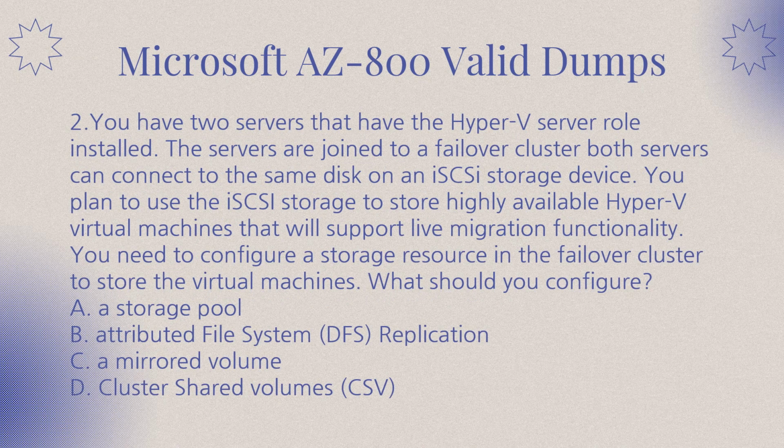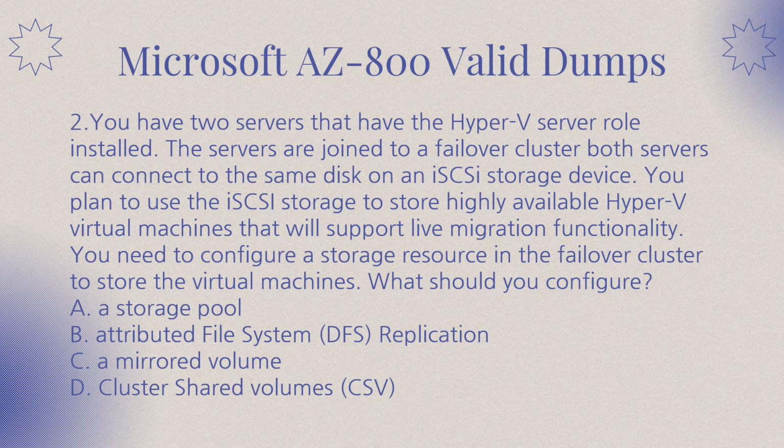2. You have two servers that have the Hyper-V server role installed. The servers are joined to a failover cluster. Both servers can connect to the same disk on an iSCSI storage device. You plan to use the iSCSI storage to store highly available Hyper-V virtual machines that will support live migration functionality.